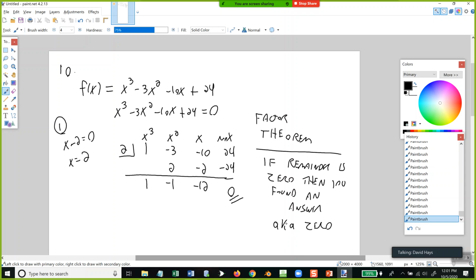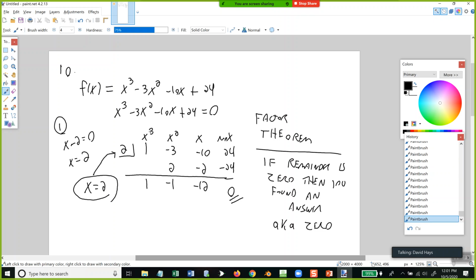So if remainder is 0, it means you found an answer, also known as a 0. What that means is that whatever number's in this box right here is going to be our first answer. So x equals 2 is an answer.